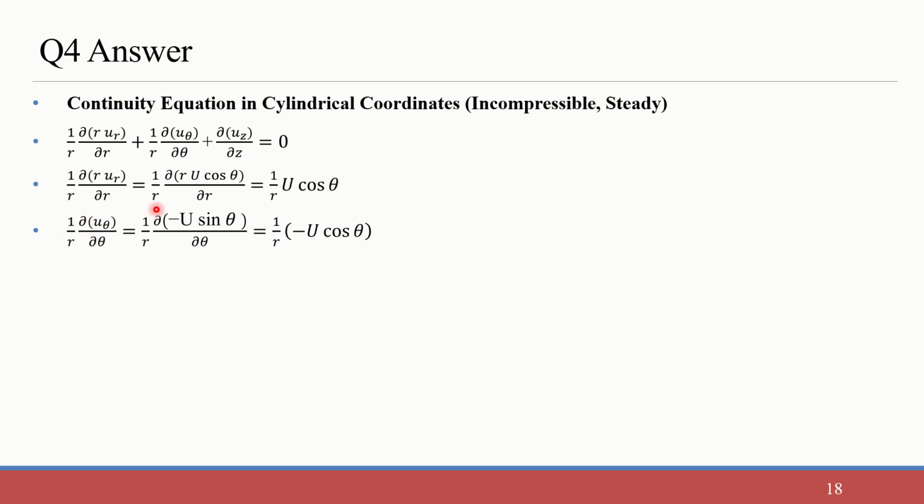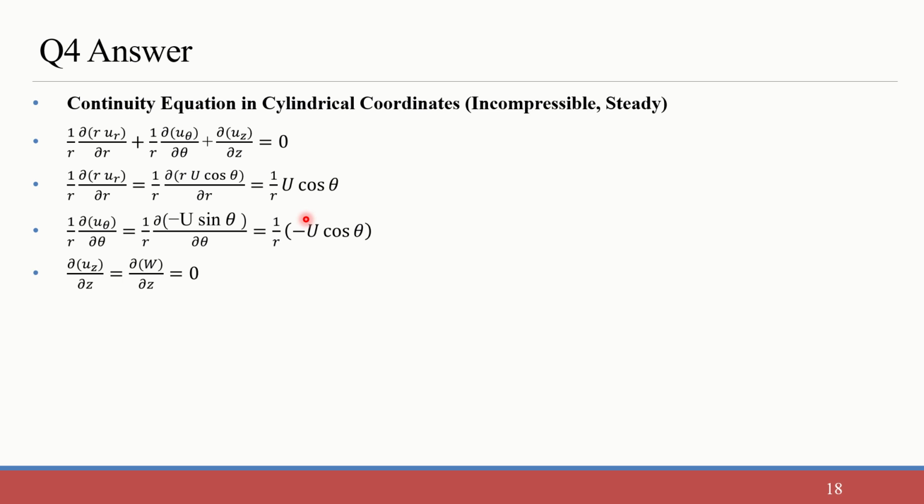So u theta is minus of u into sin theta. So 1 by r into dou by dou theta of minus u into sin theta. Again u is a constant, so we take the derivative of sin theta alone, which is cos theta. So it is 1 by r into minus of u into cos theta. Cos theta alone comes from the derivative, and u is a constant.